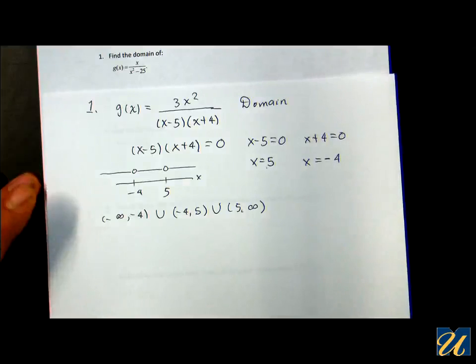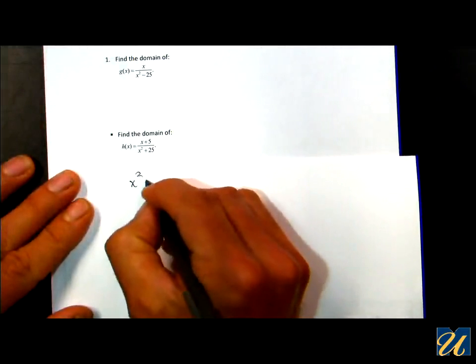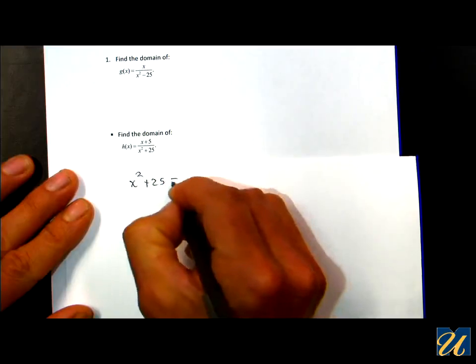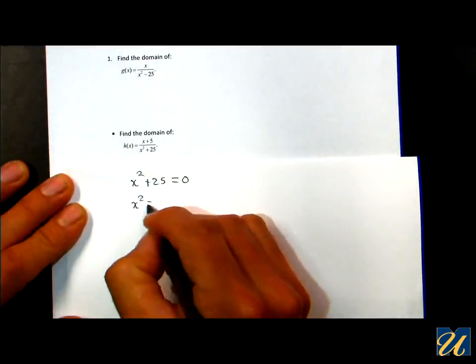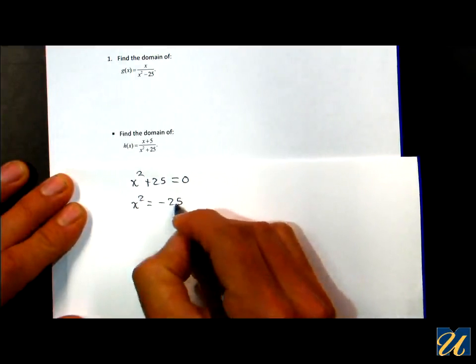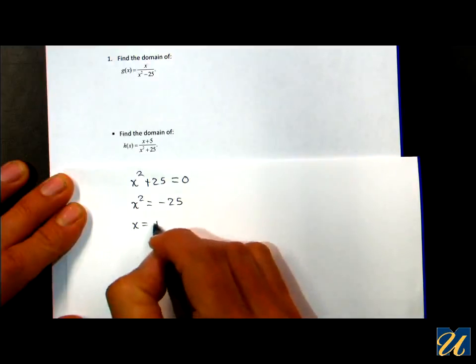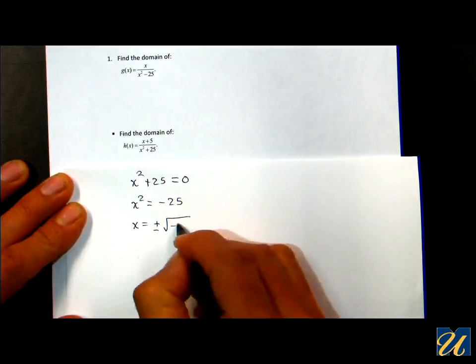Let's take a look at problem 2. Find the domain of x plus 5 divided by x squared plus 25. Okay, so to find the domain, we take the denominator, x squared plus 25, set it equal to 0, and we will not get any values of x, because by taking the 25 over to the right side and attempting to solve for x, we have to take the square root.